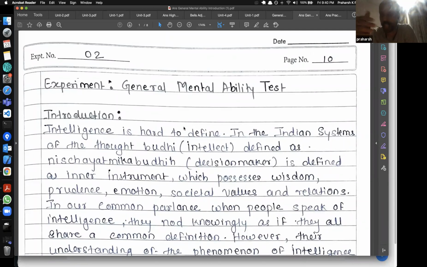Then they will start analyzing the specifics of it, like language-specific questions. All those are scenarios where a general mental ability test can be used, either in a counseling session, or in selection processes, where intelligence needs to be measured, like job interviews.